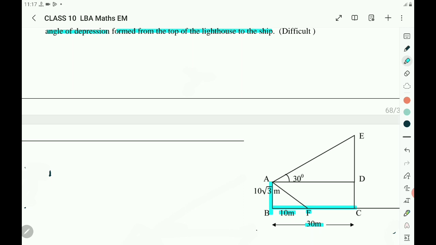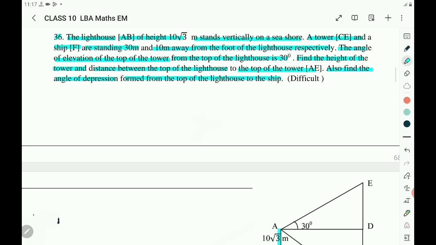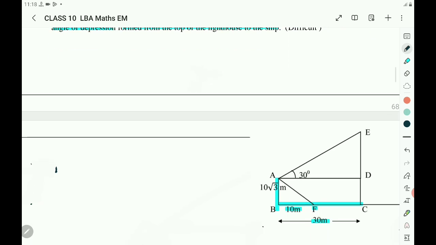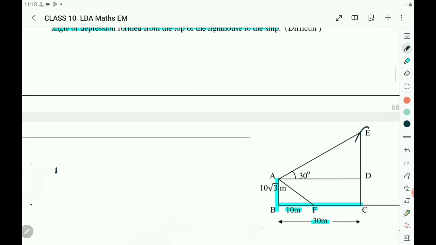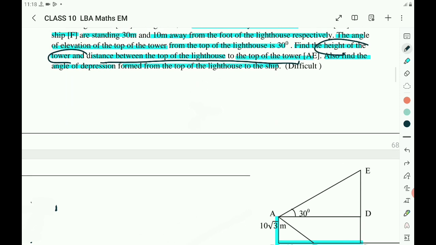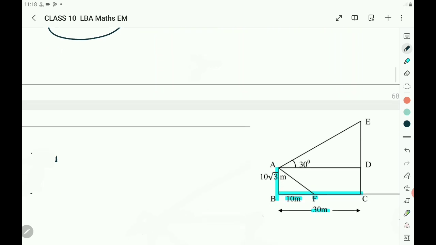What we have to find out? We have to find the height of the tower, and the distance between the top of the lighthouse and the top of the tower, and the angle of depression formed from the top of the lighthouse to the ship.